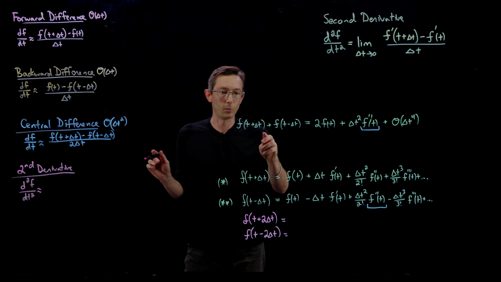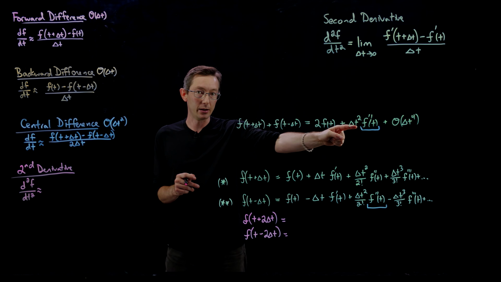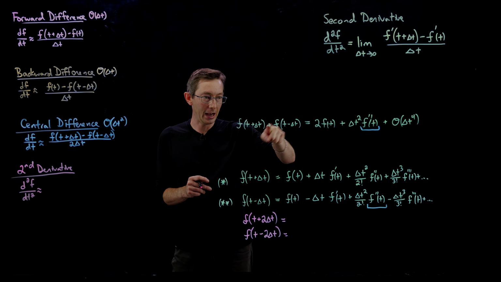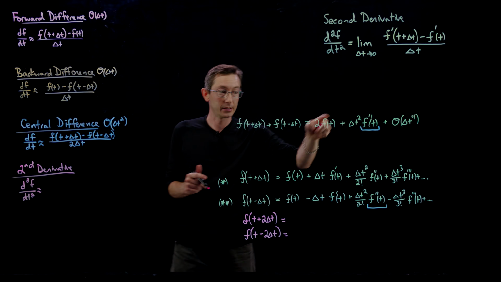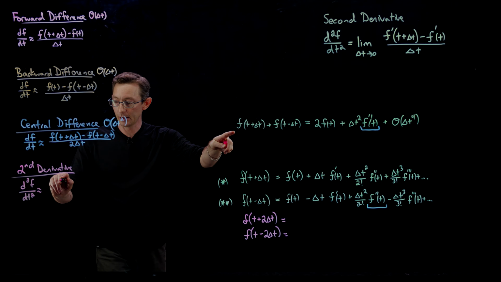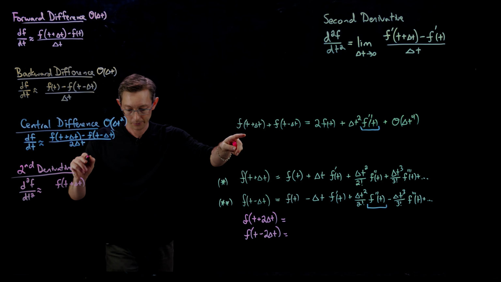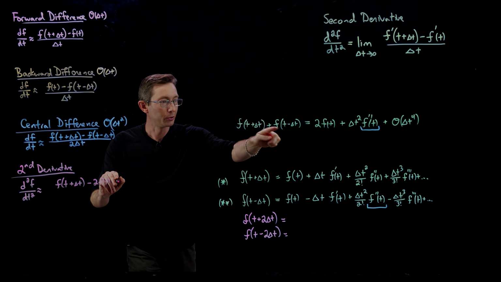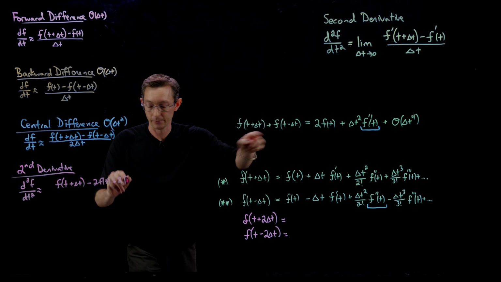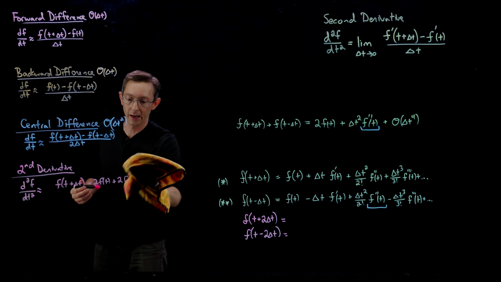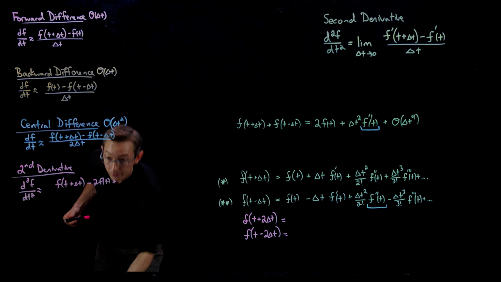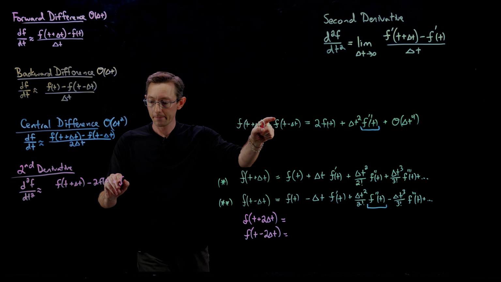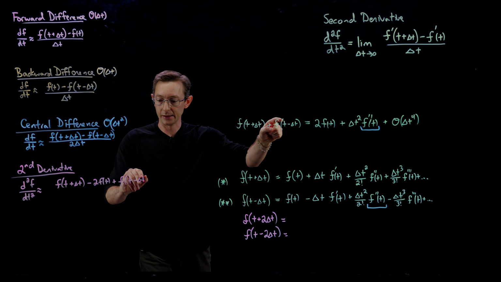Okay, again, I'm just going to walk through this. This expression here, if I subtract 2f of t and I divide by delta t squared, I've isolated the thing I want. So this is f of t plus delta t minus 2f of t plus, just a single one, just one f, sorry, plus f of t minus delta t.